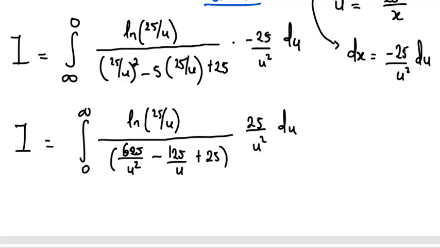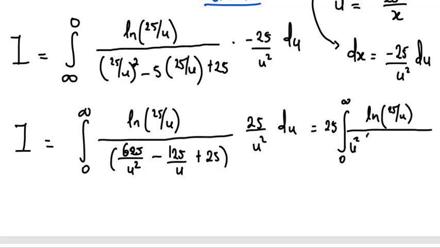We're going to open the bracket at the denominator using u squared, right? So this is going to be equal to 25 multiplied by the integral from 0 to infinity, then natural log of 25 all over u divided by u squared times the bracket 625 over u squared minus 125 all over u plus 25, then du.